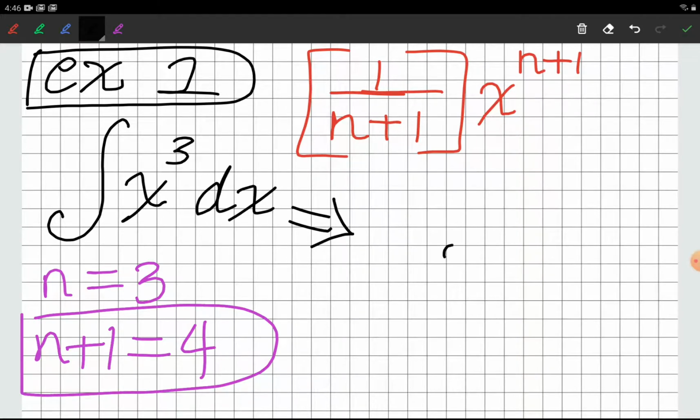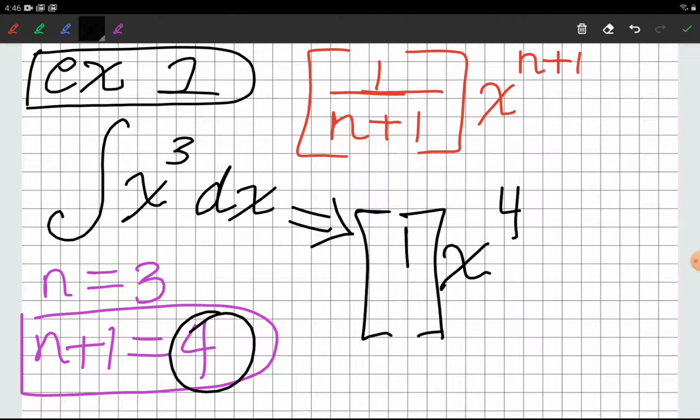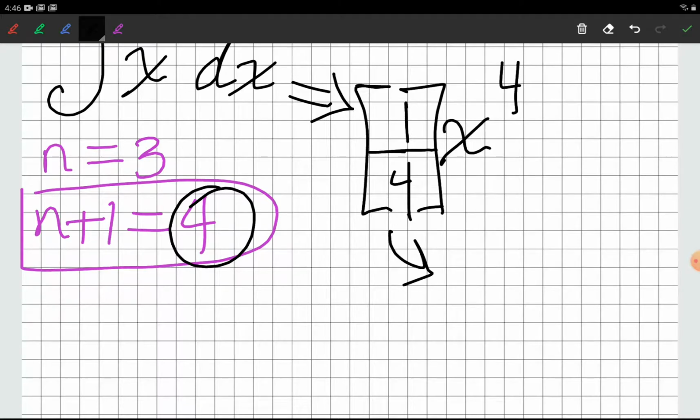So what I do, I attach the new exponent to the base, to the x, and then you tack on 1 over 4, okay? 1 over whatever your new exponent is. And so that simplifies, really, so that's really 1 over 4, so that is 1 over 4x to the 4th.